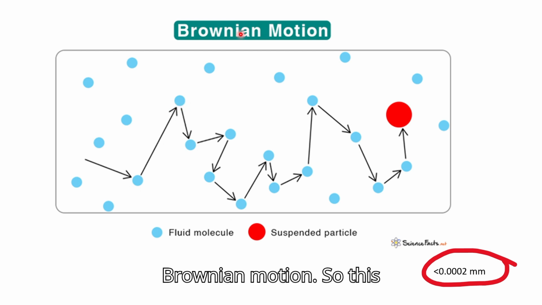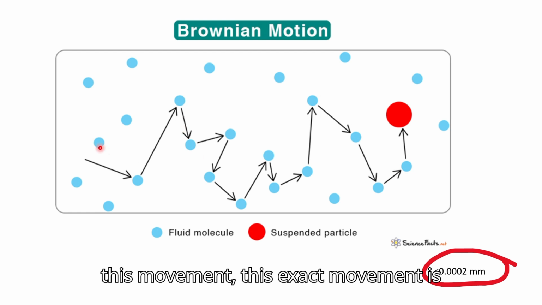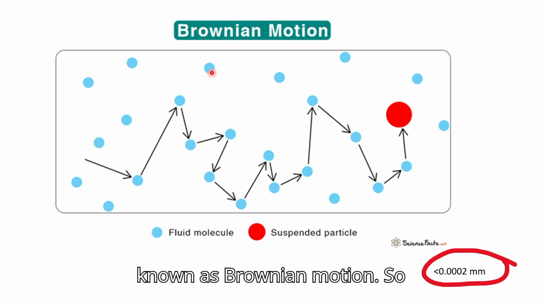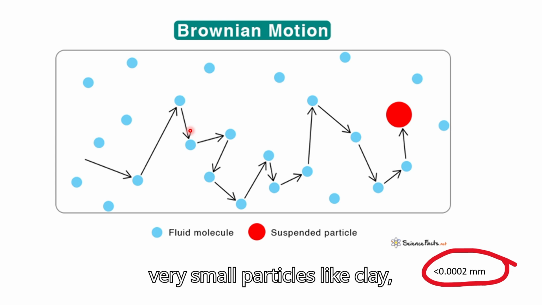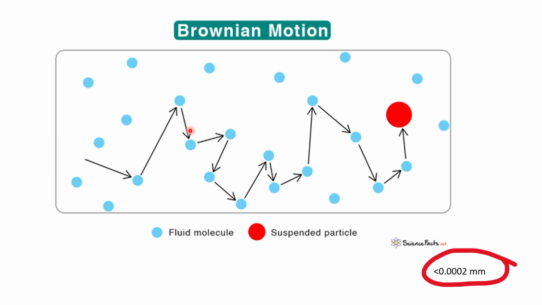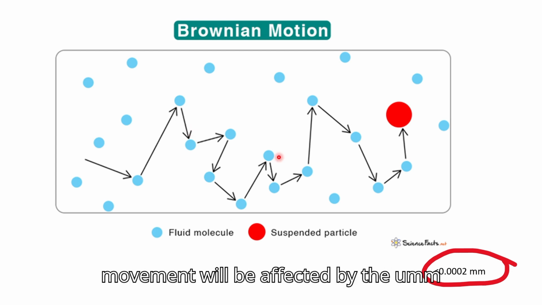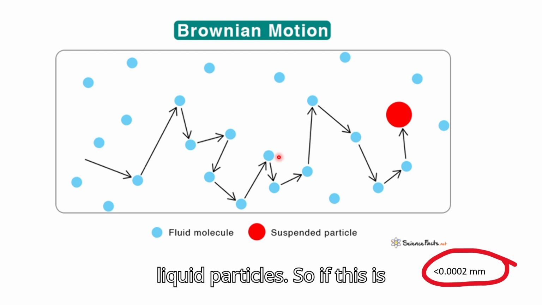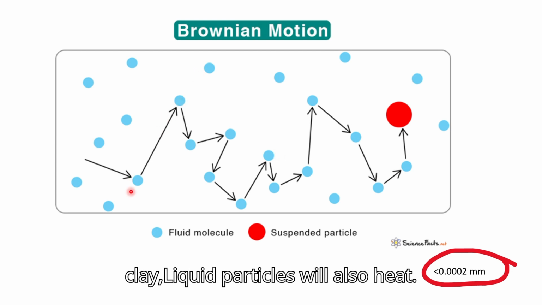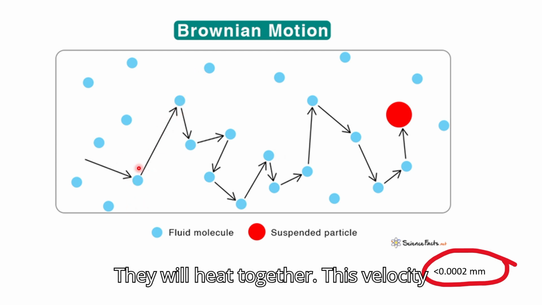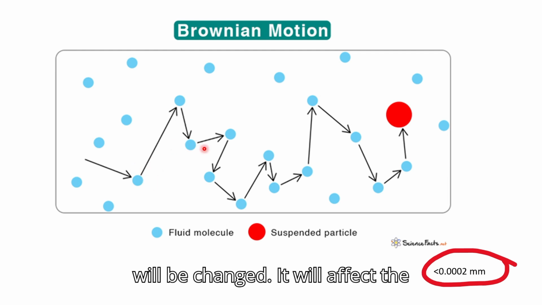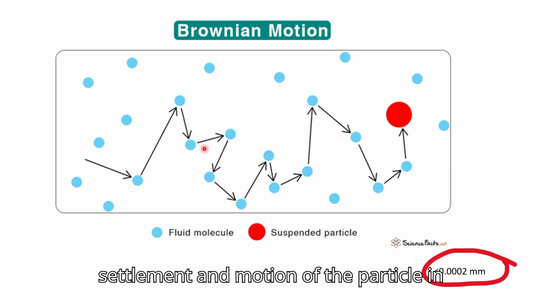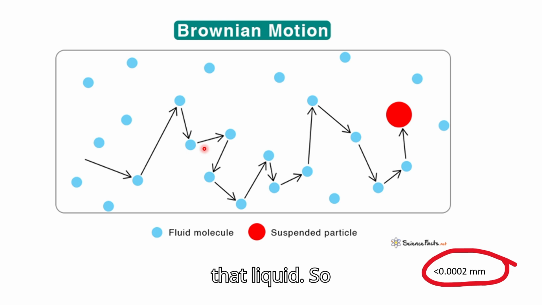This zigzag movement is known as Brownian motion. For very small particles like clay, this movement will be affected by the liquid particles. If this is clay, liquid particles will also hit it, they will hit together, and the velocity will be changed. It will affect the settling and motion of the particle in that liquid.